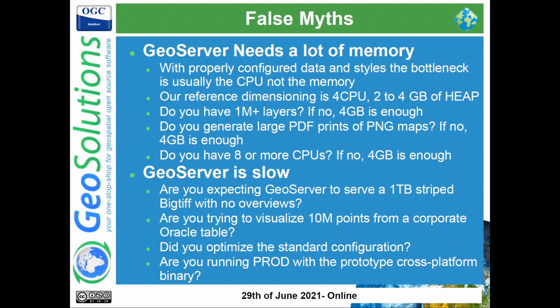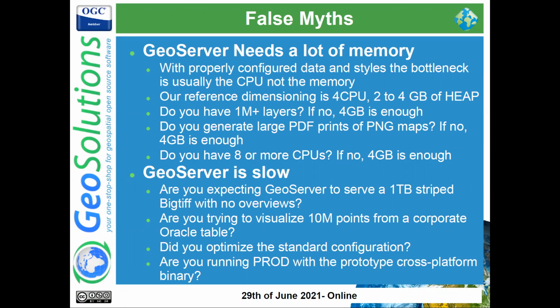We deploy on a daily basis GeoServer instances with 2 to 4 gigabytes of heap and 4 CPU cores each, unless you have a big number of layers, which means more than 1 million typically. 4 gigabytes should be enough, unless you make very large PDF prints or PNG maps. Again, 4 gigabytes should be more than enough.